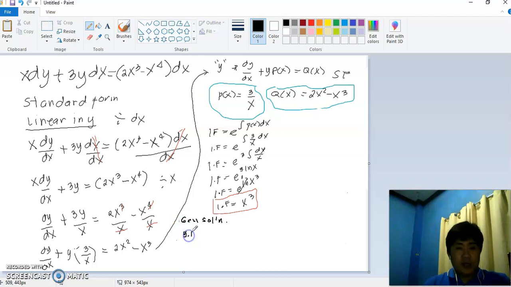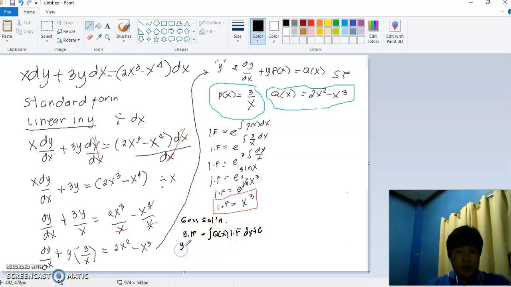y times integrating factor is equivalent to the integral of q of x times integrating factor dx plus c. So from here, we can now substitute our integrating factor and q of x.